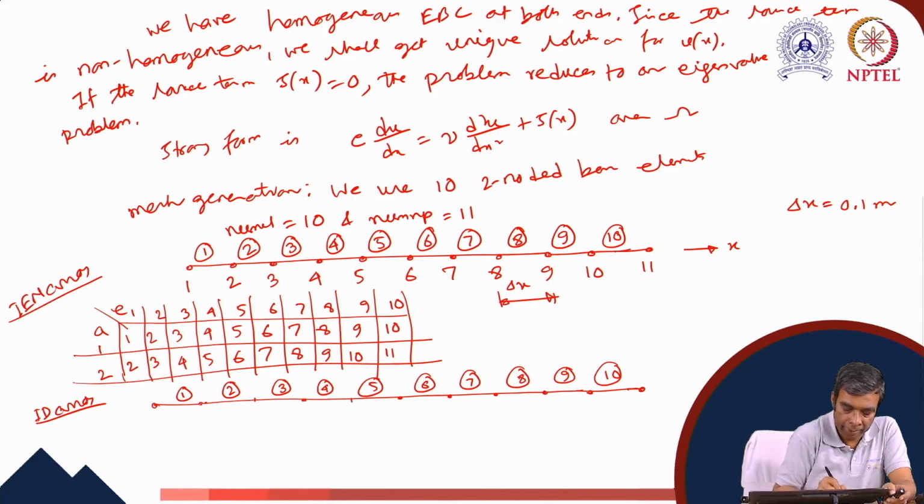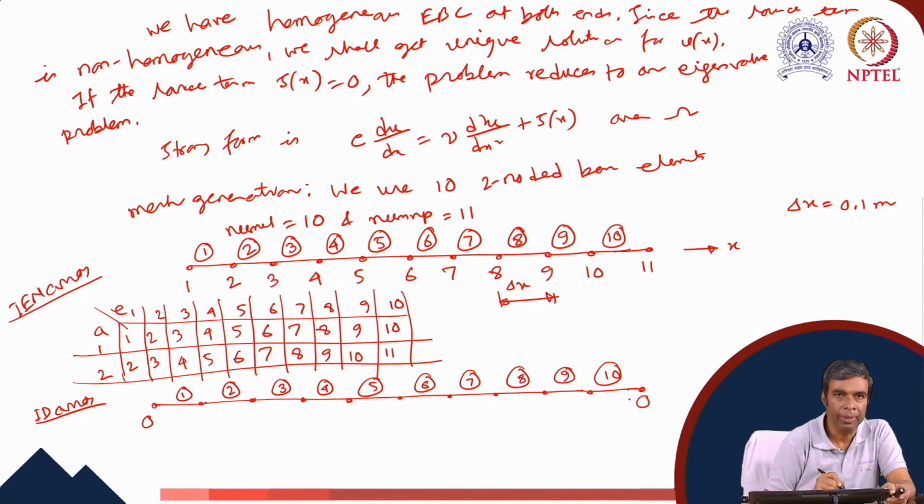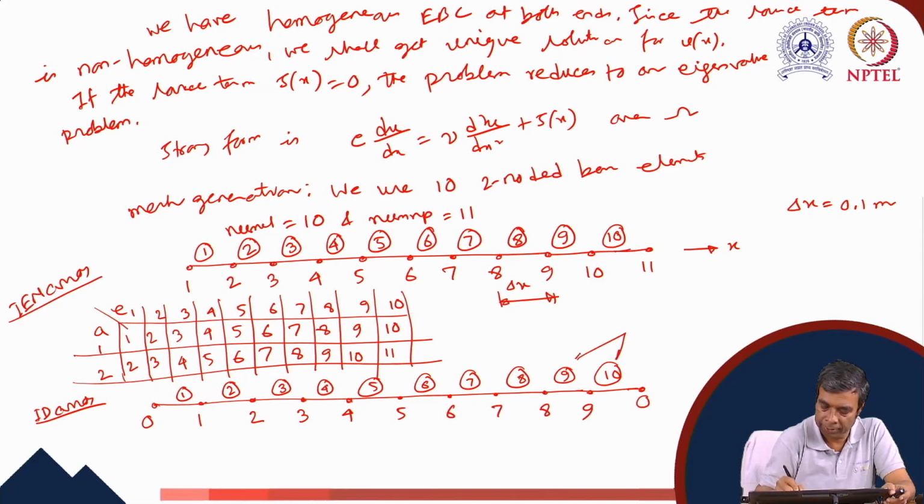So here at the left and right boundaries, our degree of freedom values are specified as EBCs. So we shall have 0 equation numbers at global nodes 1 and 11. For global nodes 2 to 10, our equation numbers will start from 1 and it will end at equation number 9. So here these are our elements and these are our global equation numbers.